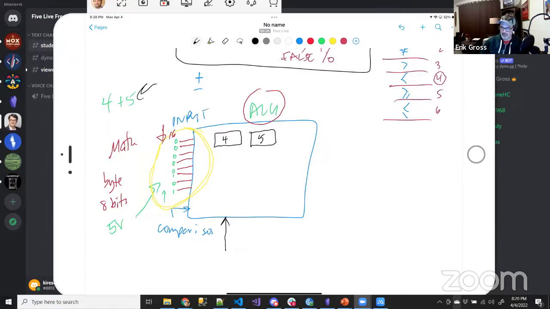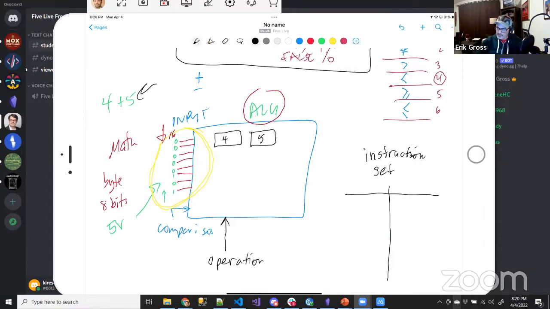Now, there's another input going in, where the control unit can put in what's the operation that we want to do. This is the point where you would start to look at this thing that we had called the instruction set. Remember that it came from the manufacturer and it had the actual instruction and then a binary pattern.